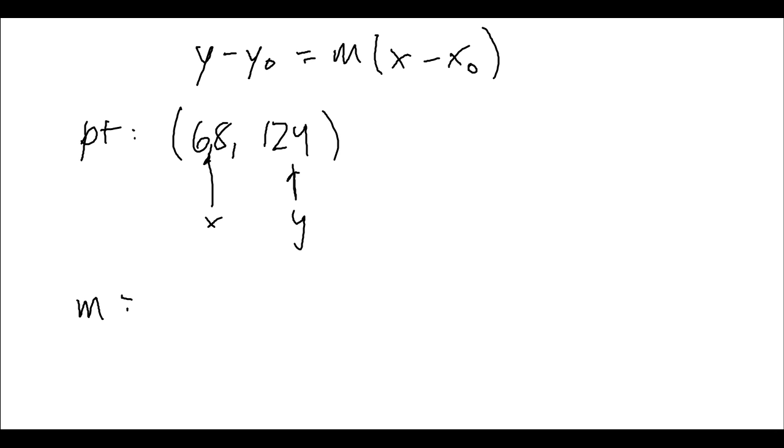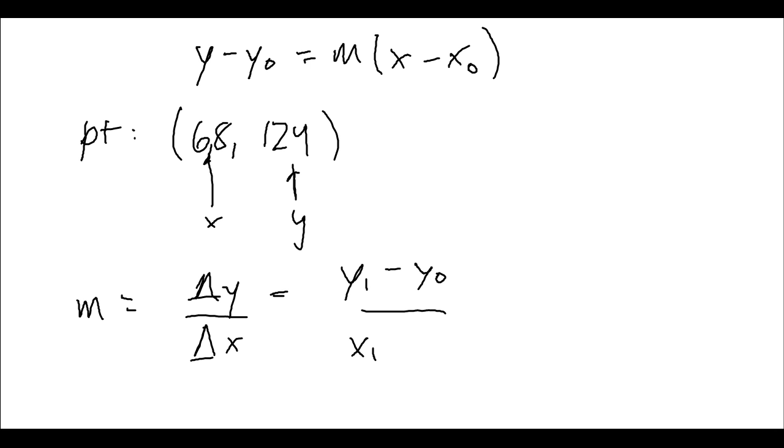Now the slope is going to be change in y over change in x. Just to remind you, the way we compute that is we compute the difference between two y values on the line over the difference between two x values on the line. So another point on my line that they gave me was this: at 80 degrees, there are 172 chirps.